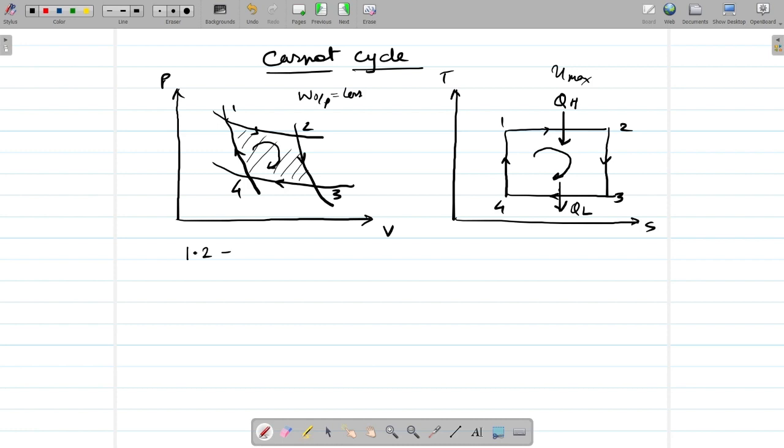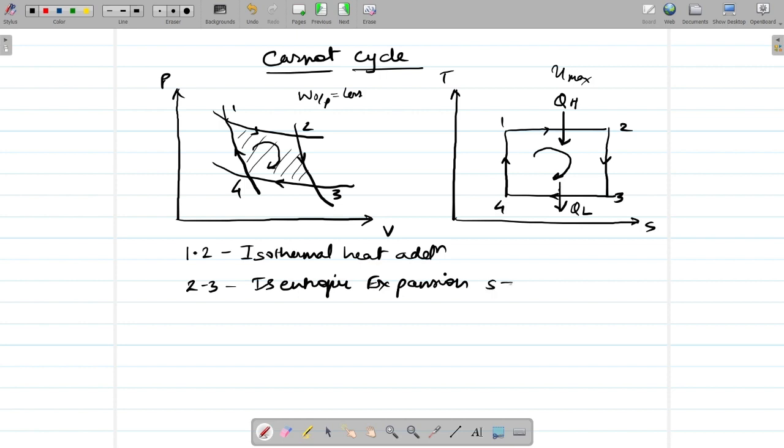It constitutes four processes. That is 1 to 2, which is isothermal heat addition. Second, 2 to 3, which is the isentropic expansion, where entropy remains constant.